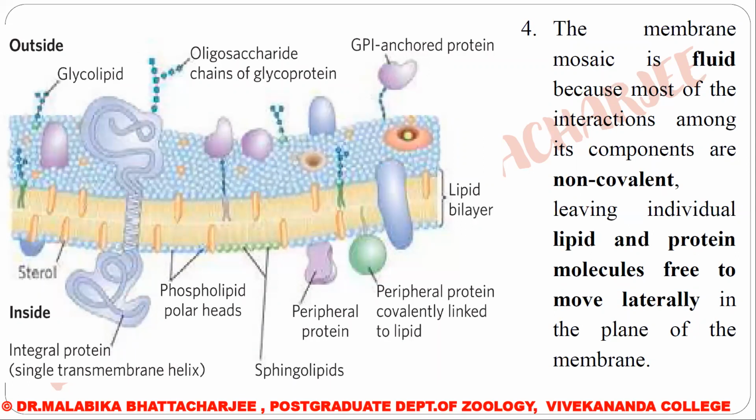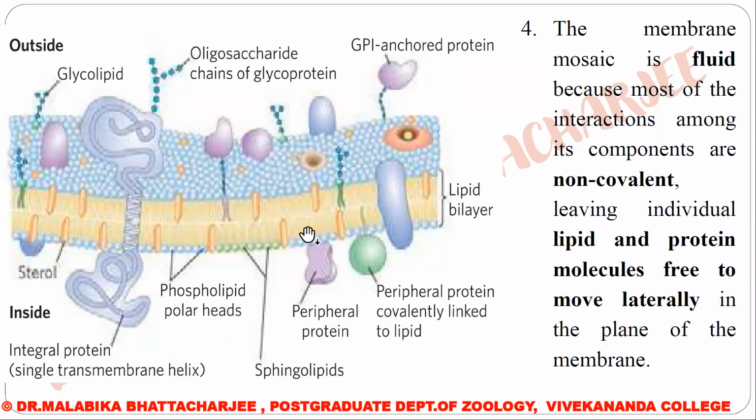So the moment we see PS, phosphatidylserine, exposed on the external surface, you have to understand that the process of cellular death has started within that cell. So this is one thing that is noteworthy about phosphatidylserine.